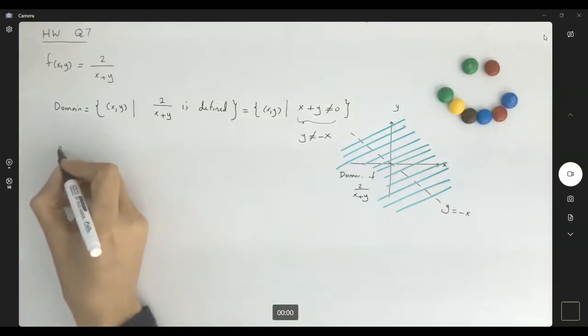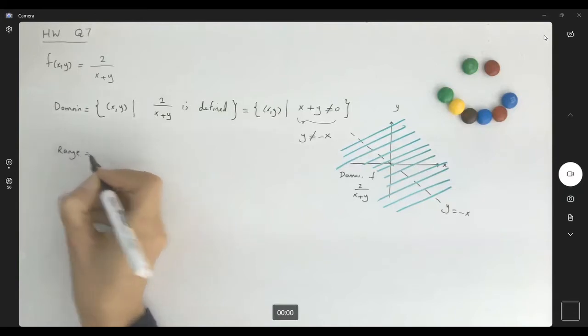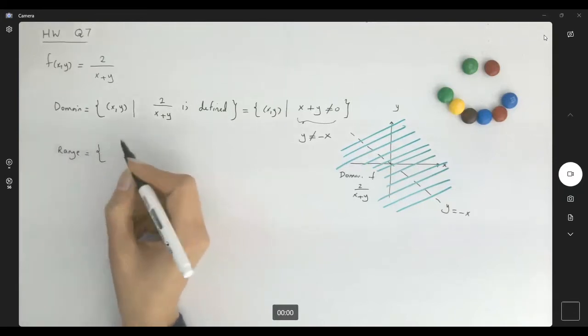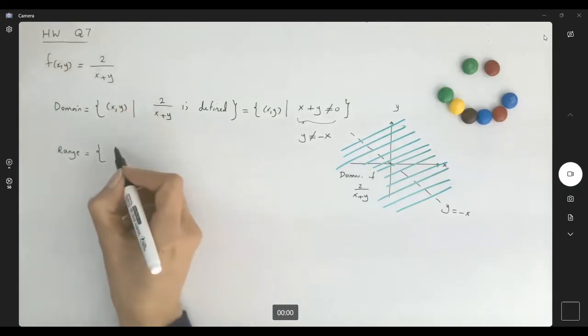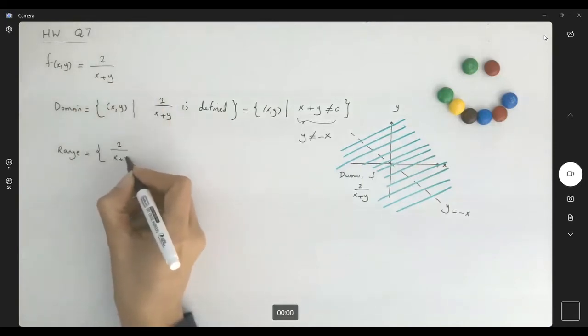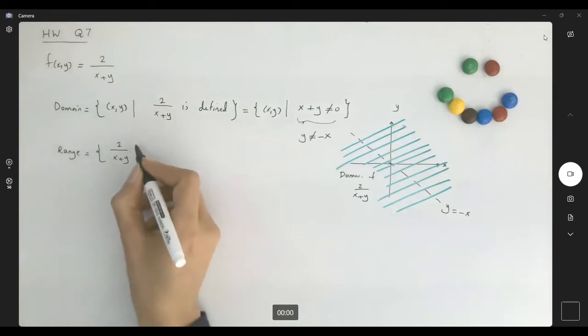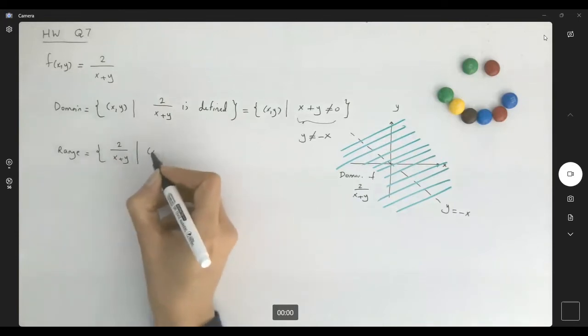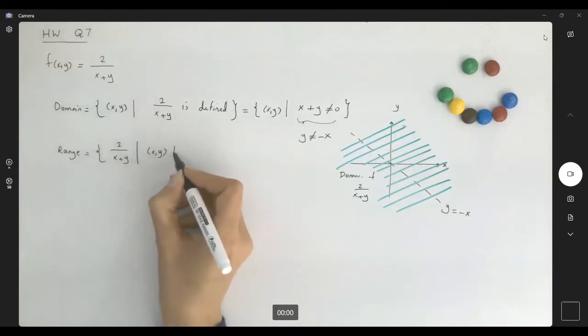Now for the range of the function. To find the range, you have all z values. The function is defined as 2 over x plus y, or all output values such that the x and y belong to the domain.